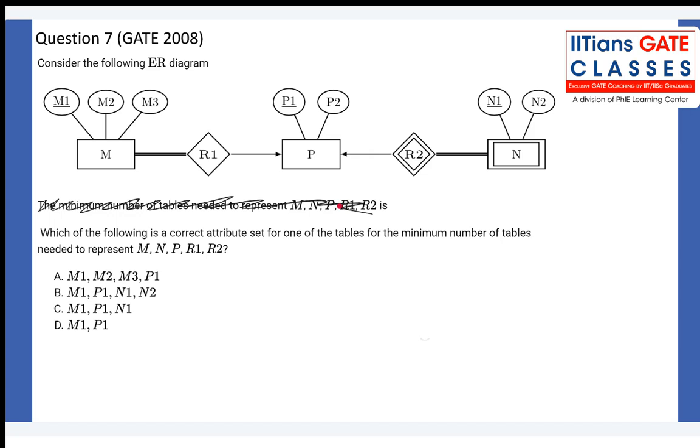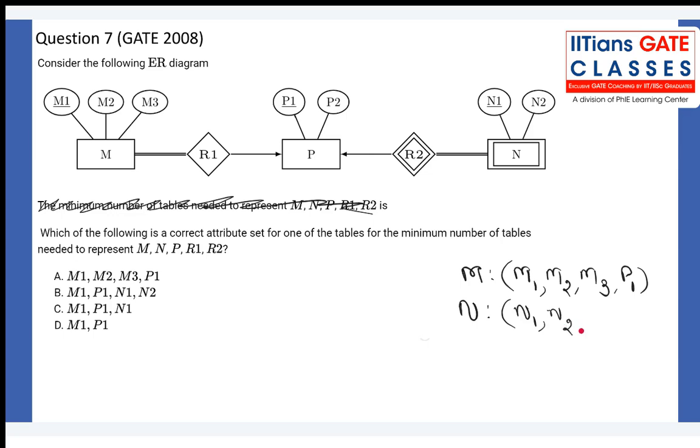So let me write the schema again here. The schema for M was M1, M2, M3, P1. The schema for N was N1, N2, P1.